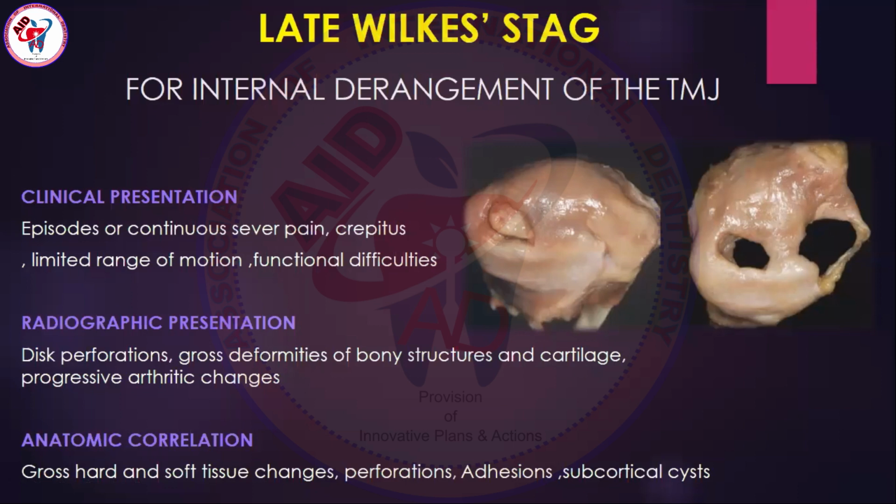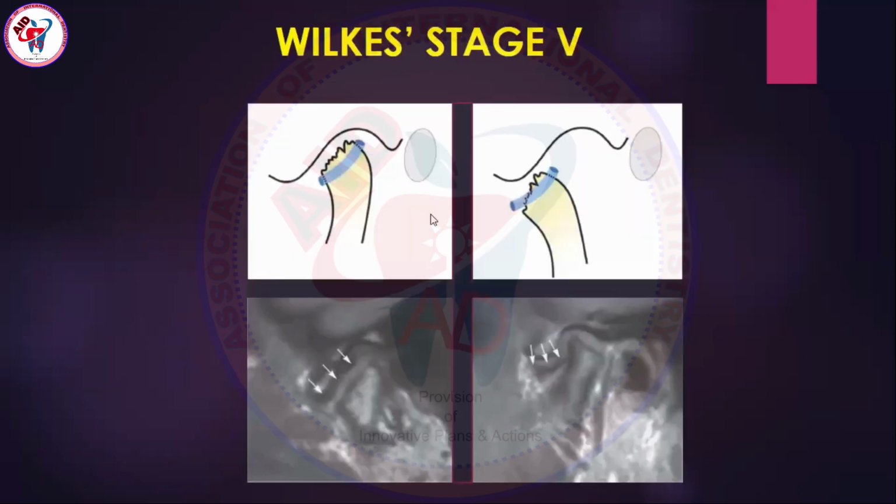So the whole joint structure is gone, the disc is perforated, the disc attachment is gone, the structure of the condylar head is gone, and the glenoid fossa surfaces are also abraded. So in the late stages, absolutely every type of joint placement is gone. So that is stage 5.